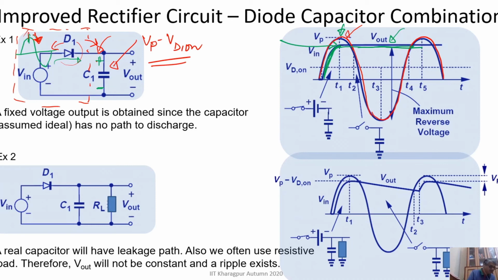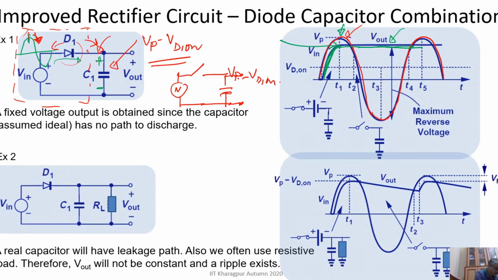Now if the diode is reverse biased, the voltage across the capacitor has nowhere to go, because the circuit is then like this. This is my V in, this is off, and this is the capacitor, which will then have the voltage Vp minus Vd on.